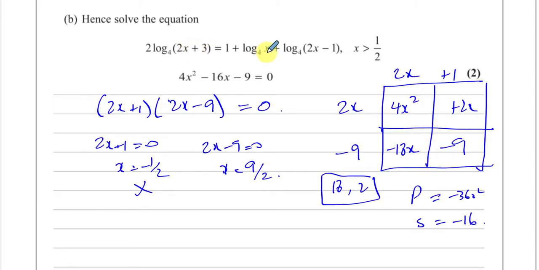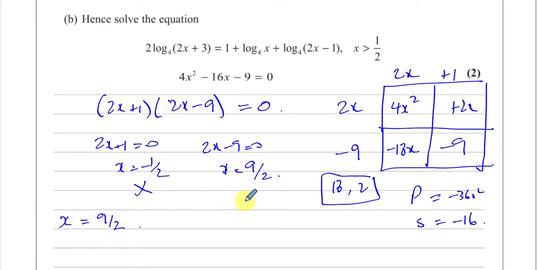But if I put negative a half here, that becomes negative, so the whole equation will be undefined. Again, if I put negative a half here, it becomes negative, so it'll be undefined. So x equals negative a half will not cause this equation to be defined, so we have to reject the answer. We only choose x equals 9/2.